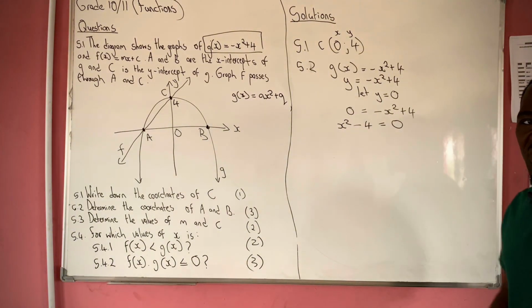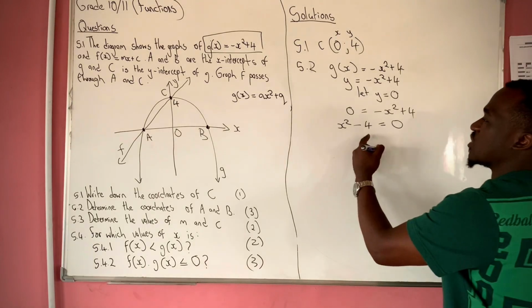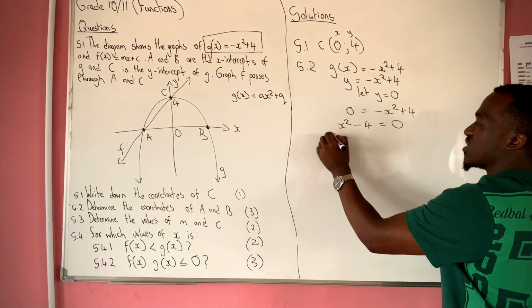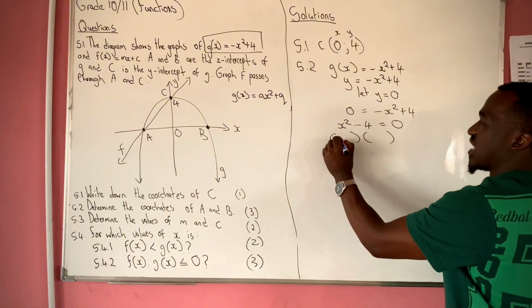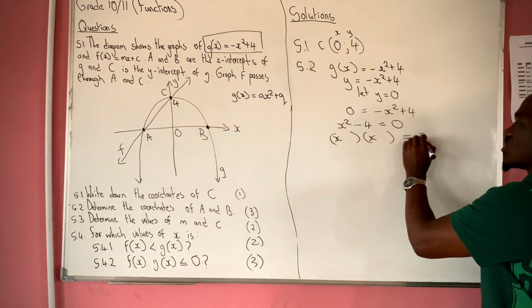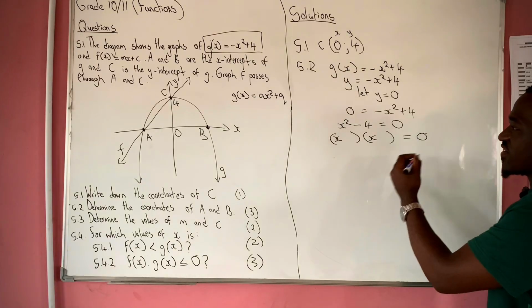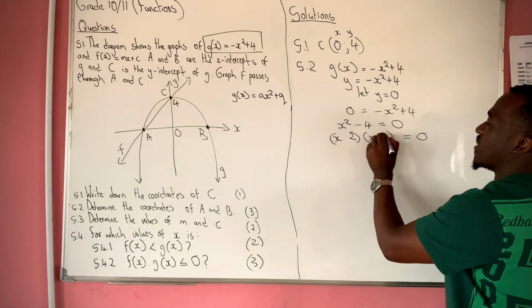Then we have a simple binomial. It's a quadratic, a difference of two squares. So we open two brackets, with x here and x here, equal to 0. Then let's look at 4. We're looking for factors that give us 4, so we have 2 multiplied by 2.